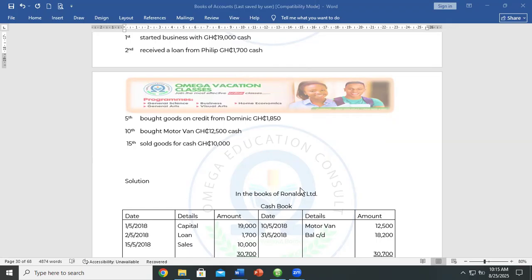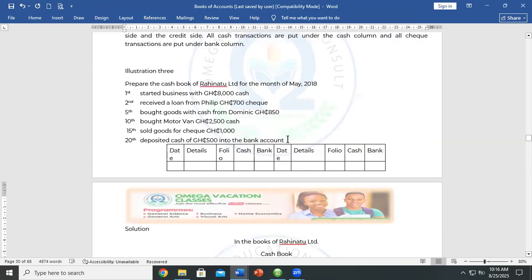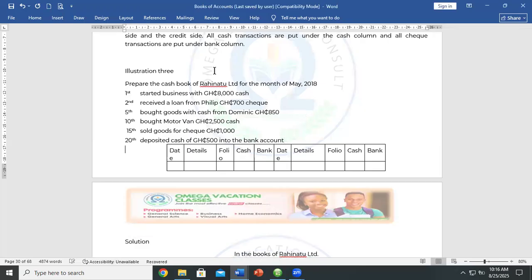Okay, professors, that is it about the single column kind. We'll look at the second illustration, which is about the 2-column kind. Let me read the question. Prepare the cash book of Rahina Limited for May 2018.